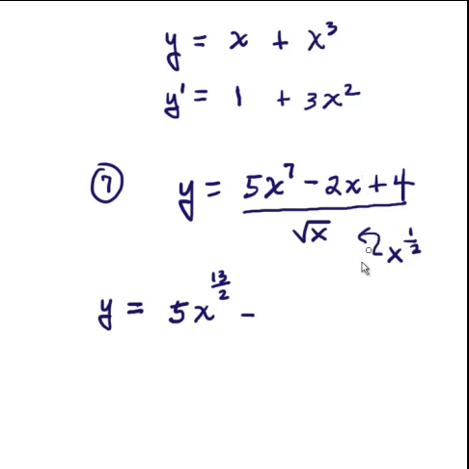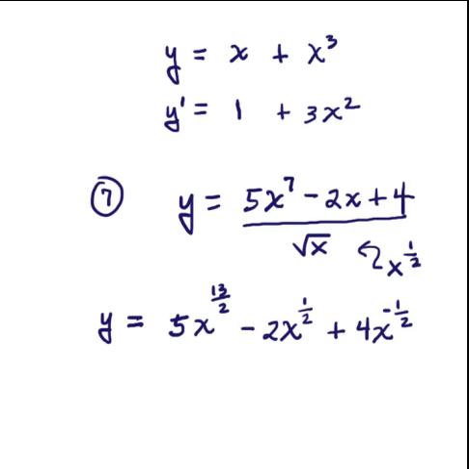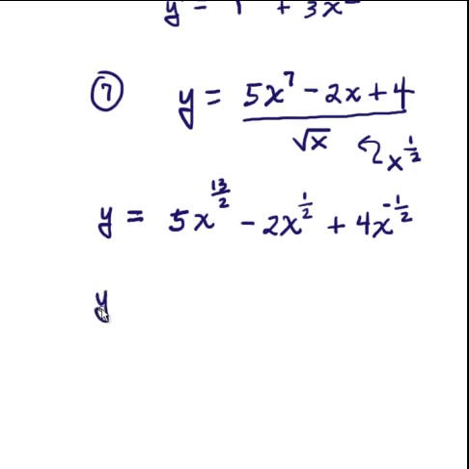So 2/2 minus 1/2 is 1/2. And now this x to the 1/2 in the denominator, just bring it up. When we bring it up to the numerator, it's x to the minus 1/2. Okay, so now we've written y as a sum of powers, and we're ready to take the derivative.